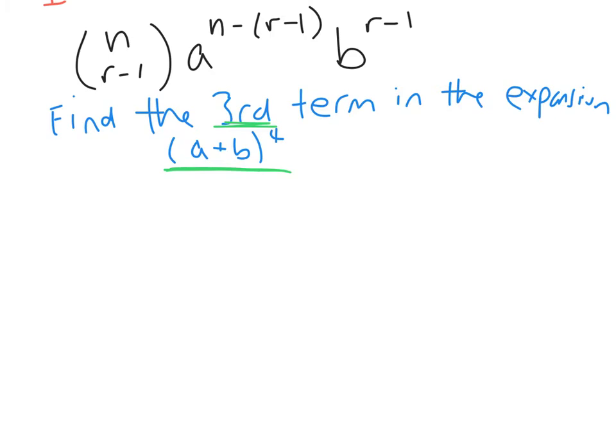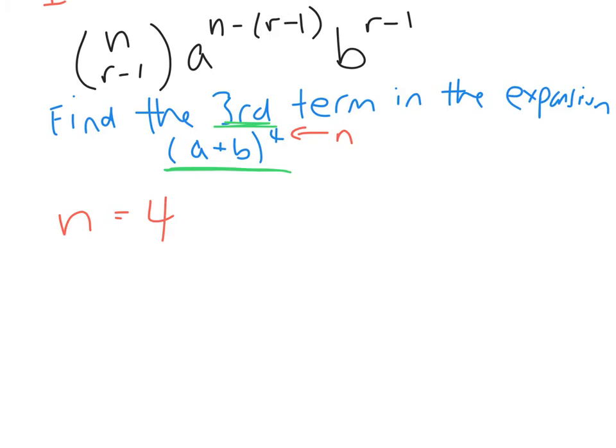The first thing we're going to do is talk about what all the variables are. n is the power of your expansion. In this case, n is 4. In the test question, n would be 8, because that's the power of the expansion.